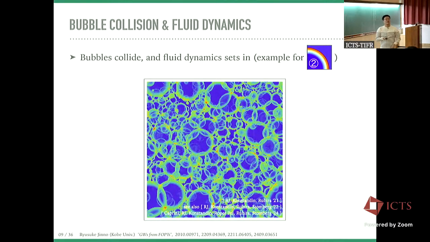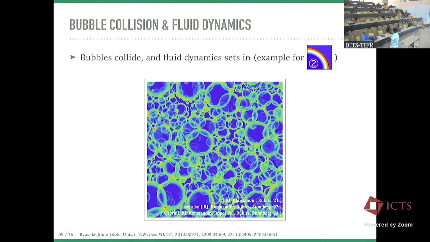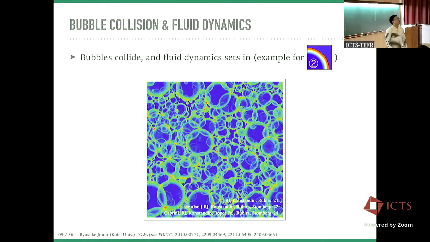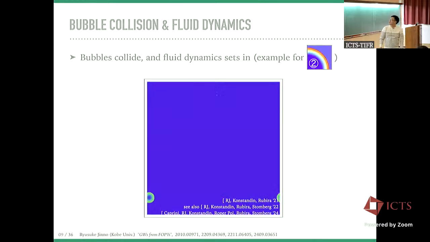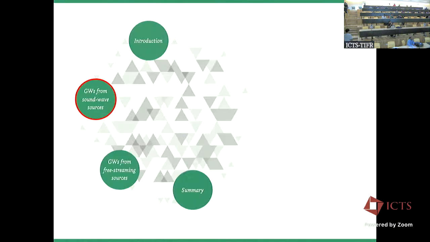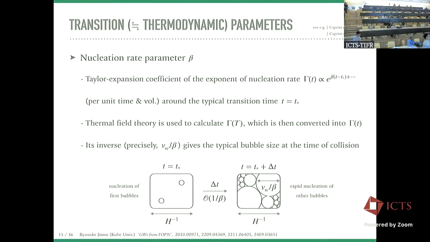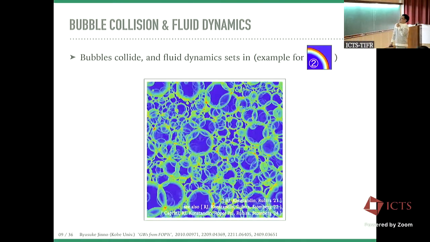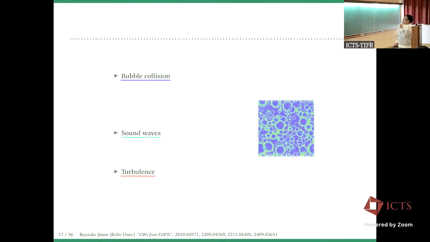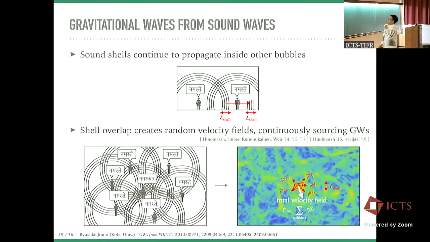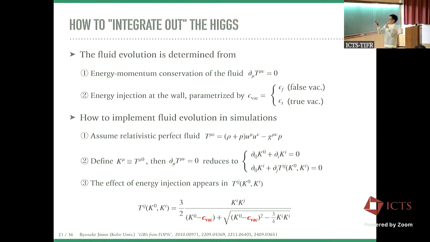So if there are, okay, good. So we get rid of the Higgs because of this. How can I explain?